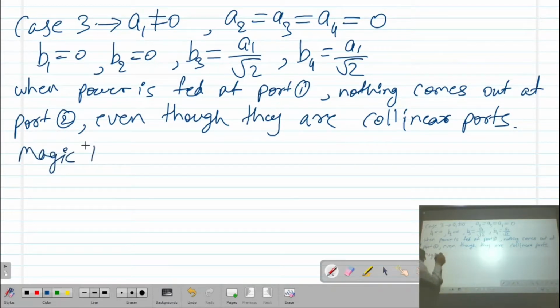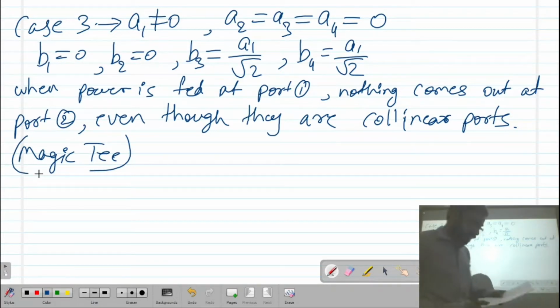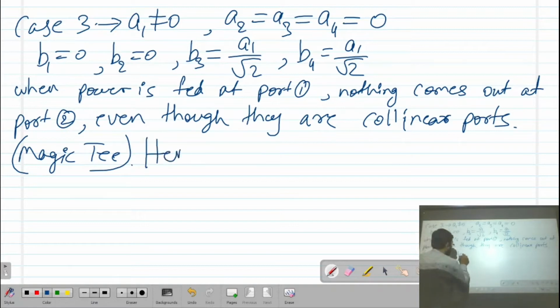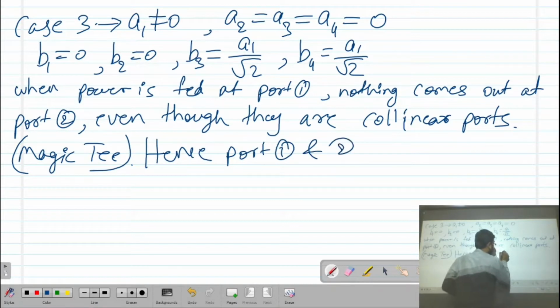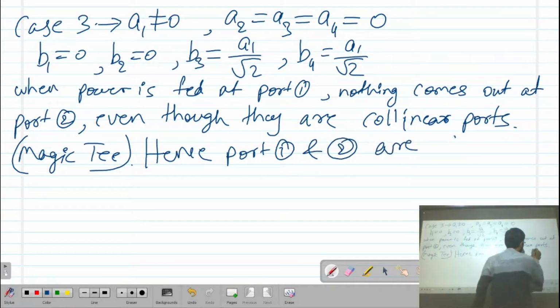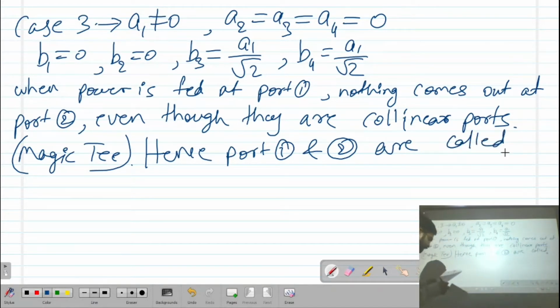That is why it is also known as magic T, and hence port 1 and 2 are called isolated ports.